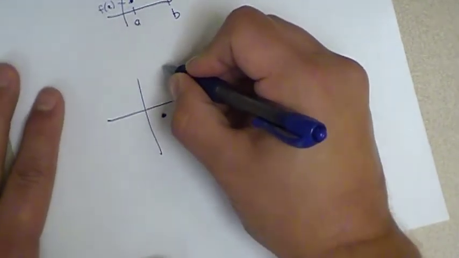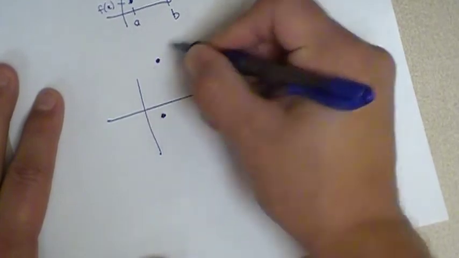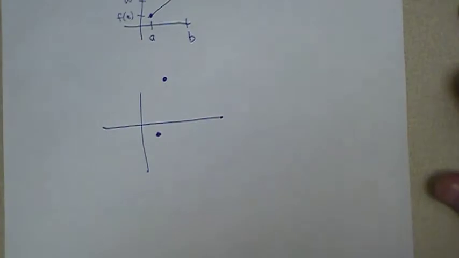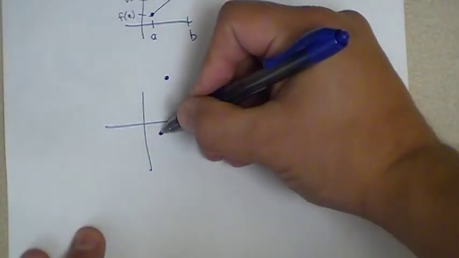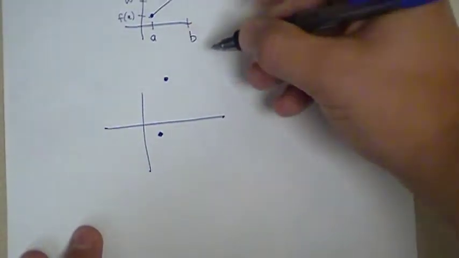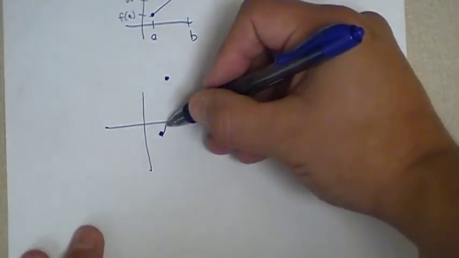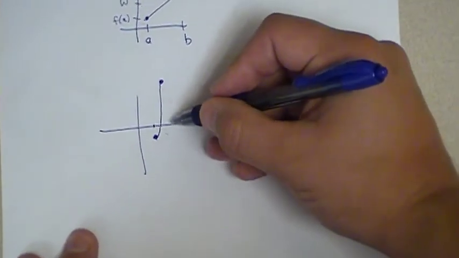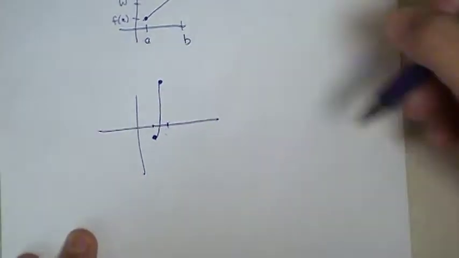I want the point 3 comma 13, which would take me way up here. My graph is a cubic graph. Cubic graphs are continuous. There's absolutely positively no way that I can get from this point here to this point here with a continuous graph unless I cross 0 somewhere in between this x value, which is 2, and this x value, which is 3.